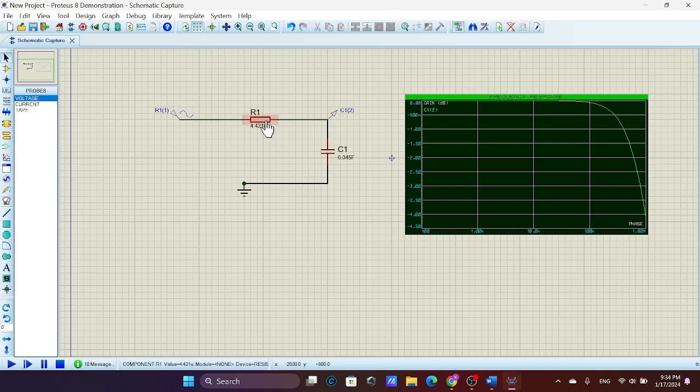And this is a simulation using the Proteus software. The input signal is connected to the resistor, and the output is between the capacitor and the ground. After we construct the circuit, we can set the log graph to observe the low-pass filter as the frequency changes by decades.